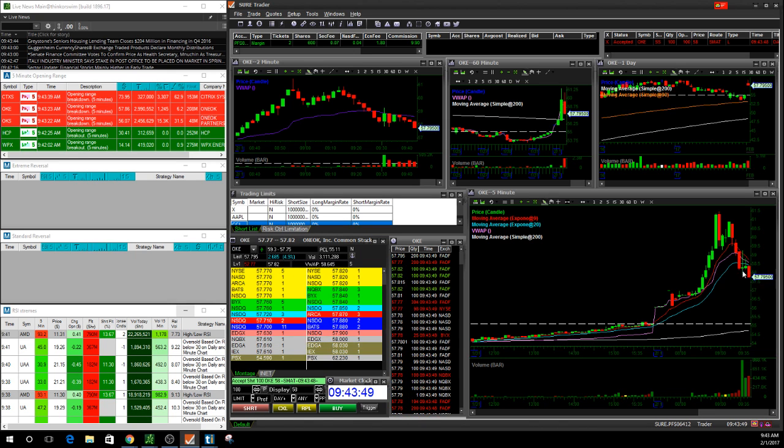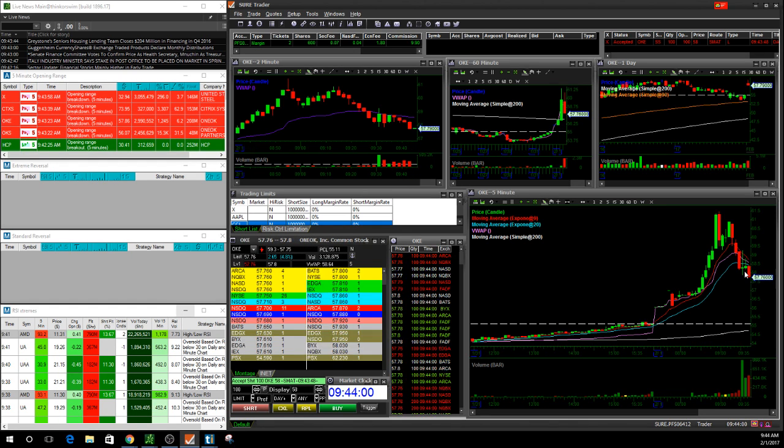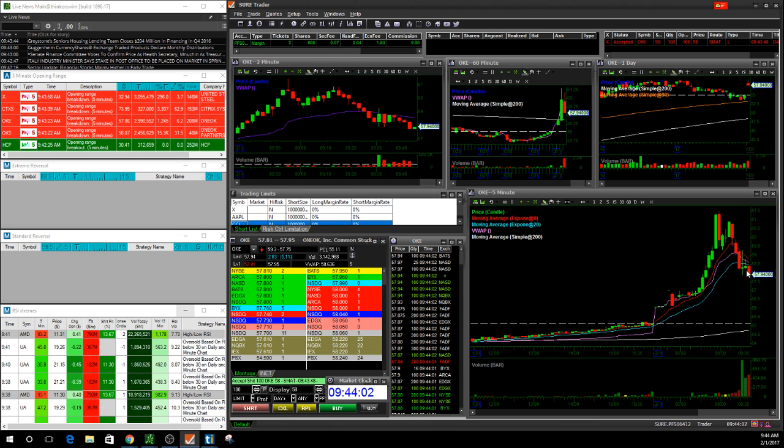This is where I would want to get in. I want to get in around 58 at 100 shares so I could give it enough room to work. This is a break. This is an opening range breakdown as well.